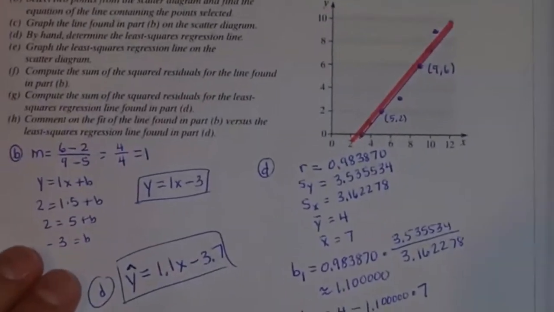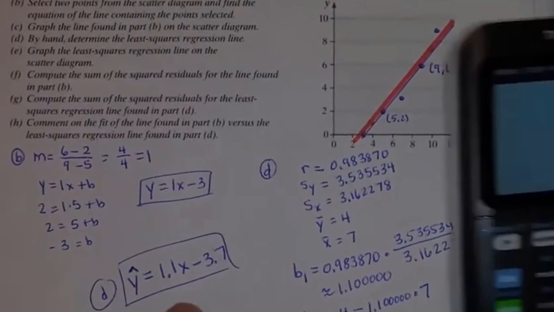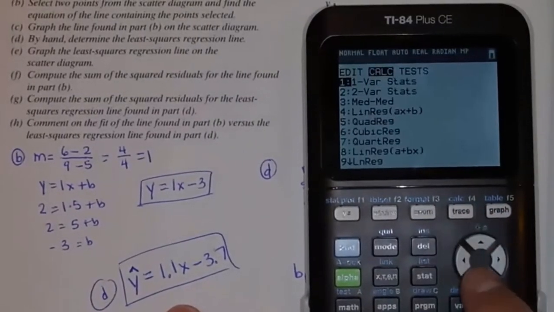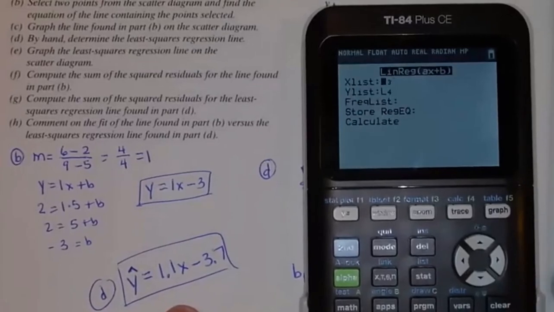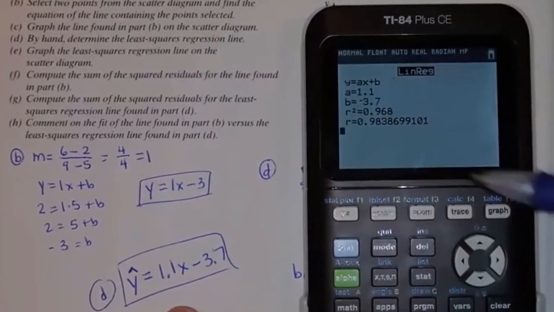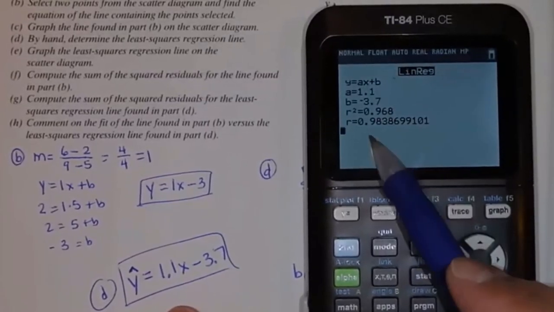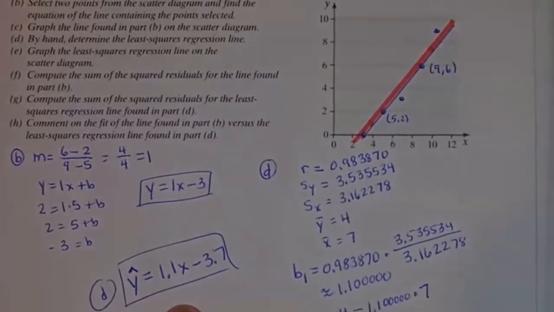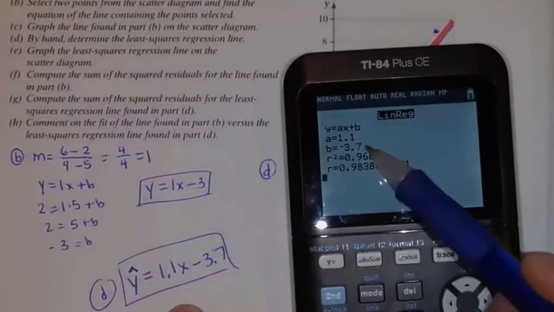I do want to show you something about the calculator. When I did stat and calc and I did linear regression in order to find the correlation coefficient, look what it gives me. So I got the correlation coefficient, and that's all I wrote down because we were doing it by hand. But look right here.